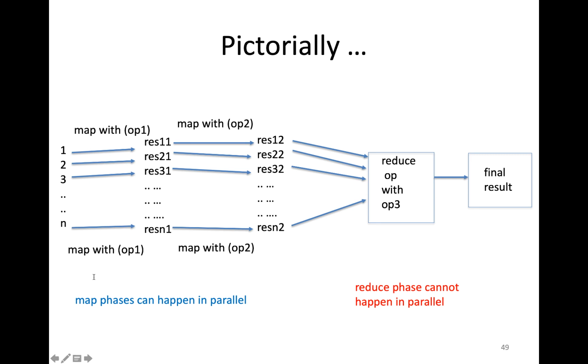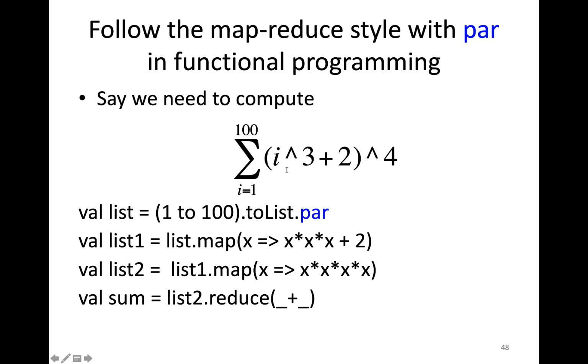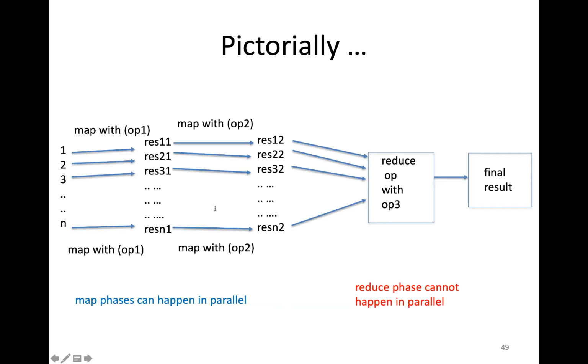So pictorially what we are doing with this n number, first we use this operation 1 in our picture. In the first example, this was operation 1, and let's call this one operation 2 and this one operation 3. So how the picture goes, operation 2 means another map on this previous result, right?